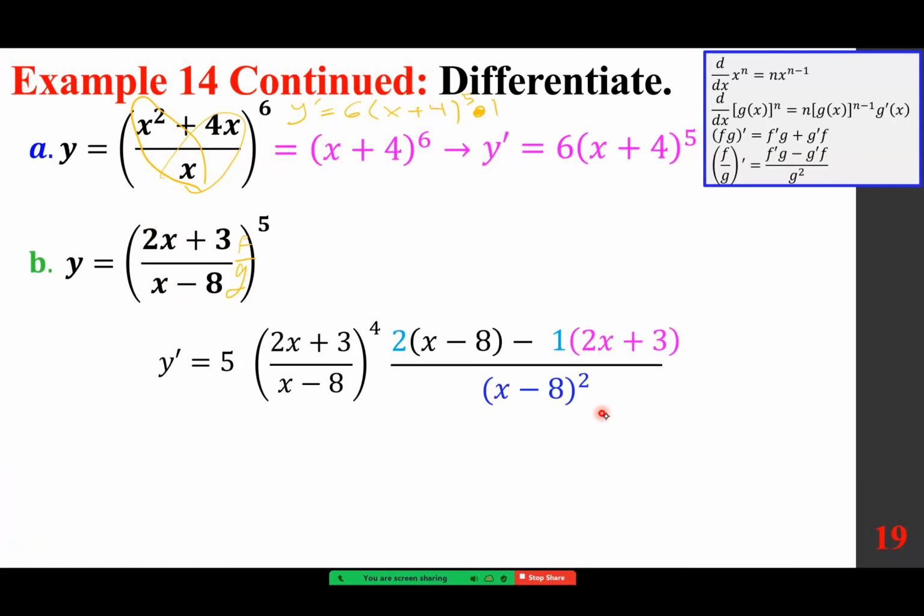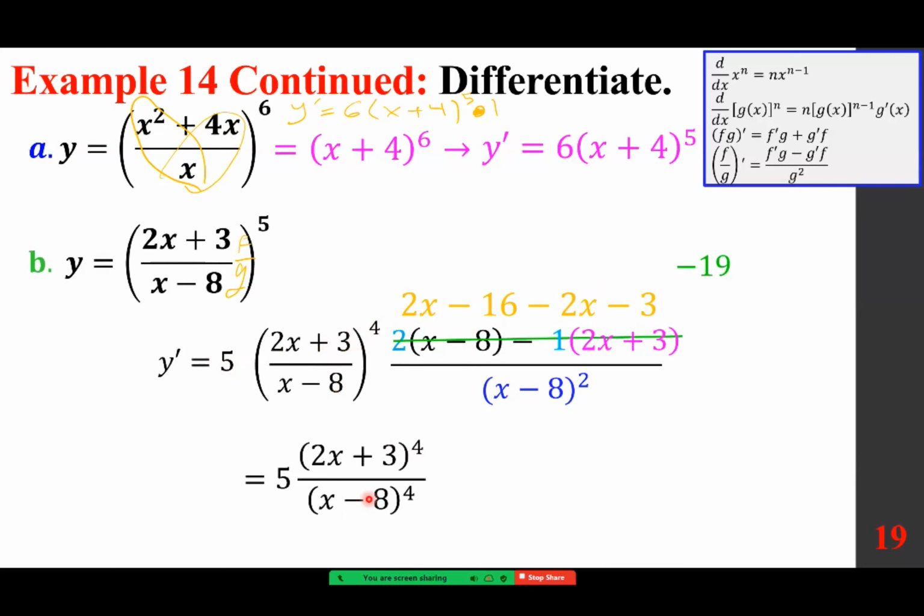So first and foremost, let's simplify the numerator. This is 2x minus 16 minus 2x minus 3. As you can see, 2x minus 2x cancel each other, so we end up with negative 19 in the numerator. Now, to make sure you see what's in the numerator, if you have a huge fraction, 5 is in the numerator. This one, we're going to write 2x plus 3 to the power 4 over x minus 8 to the power 4. I want to separate them so it becomes clear what you're dealing with.